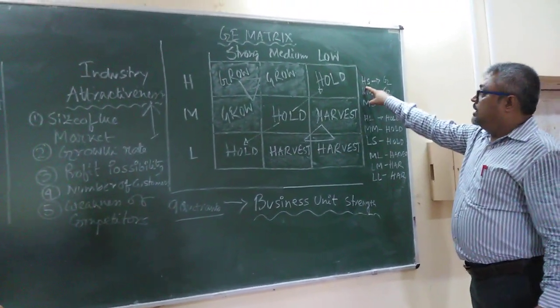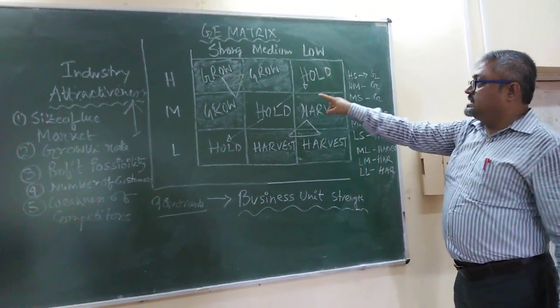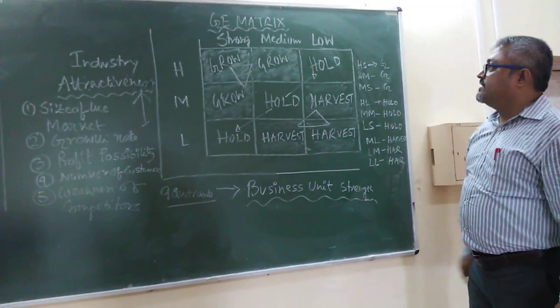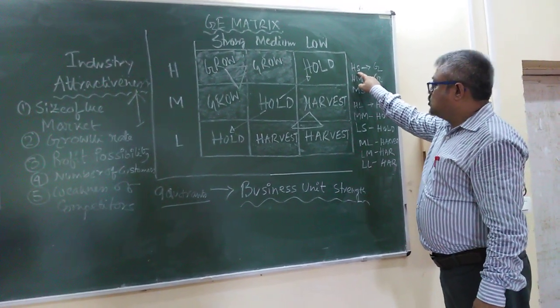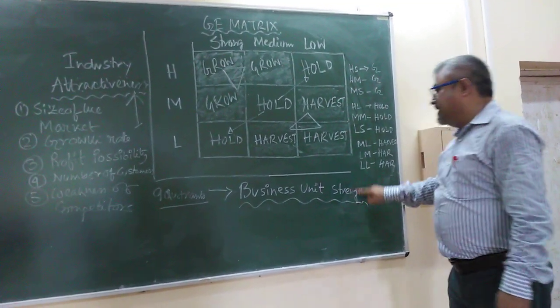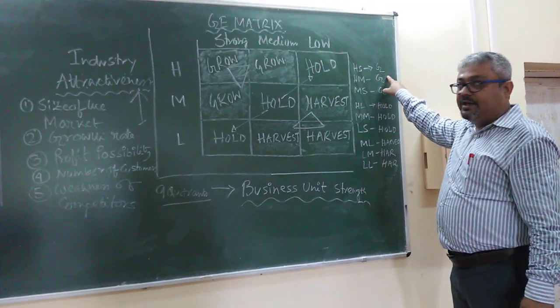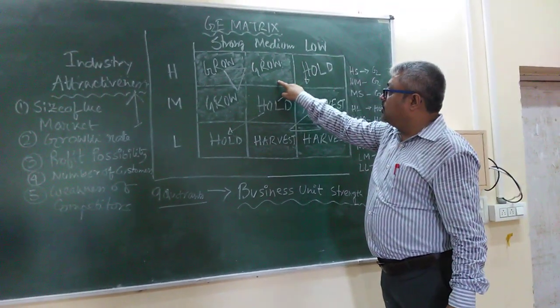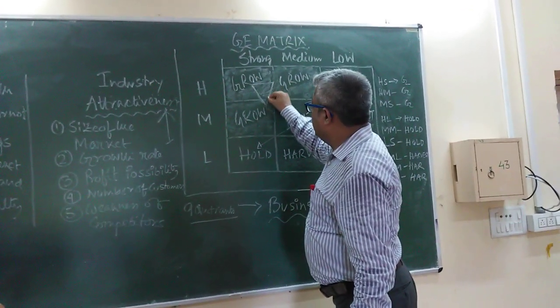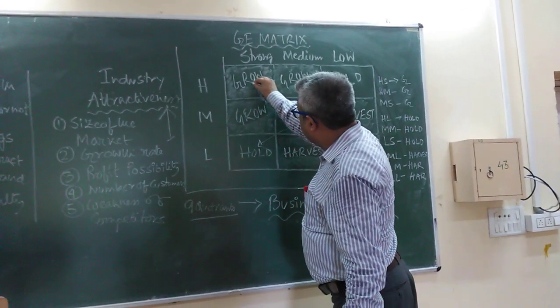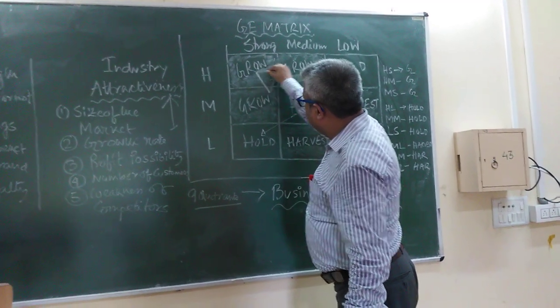If it is H and S, that means high industry attractiveness as well as strong business unit strength. That means you will grow here. Similarly, here you also grow, here you also grow. So this is basically a kind of reverse triangle, you can say.